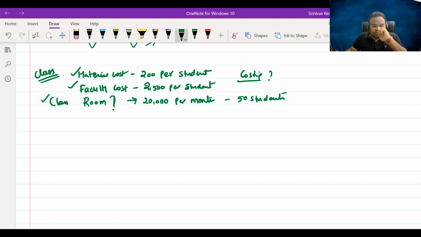If I say my material cost is 200, my faculty cost is 2,500 per student, and I have a margin of 10%, can I ignore my rental cost? If I do not recover this rental cost from students, where do I recover it? I need to bear the loss.